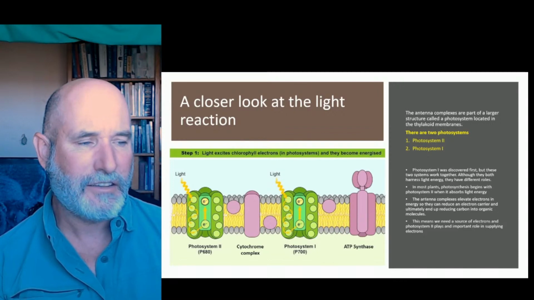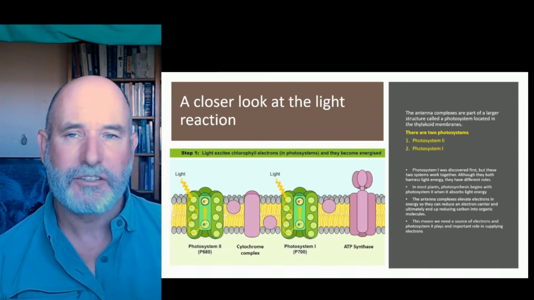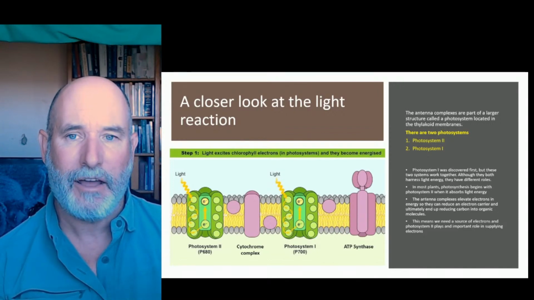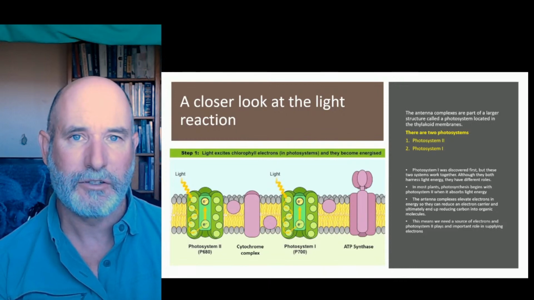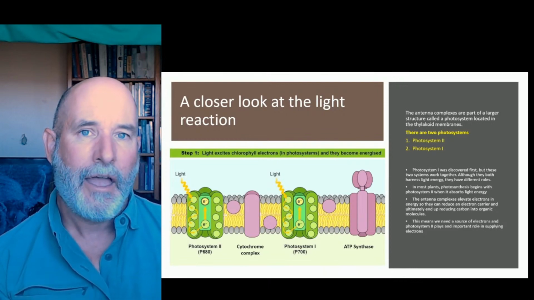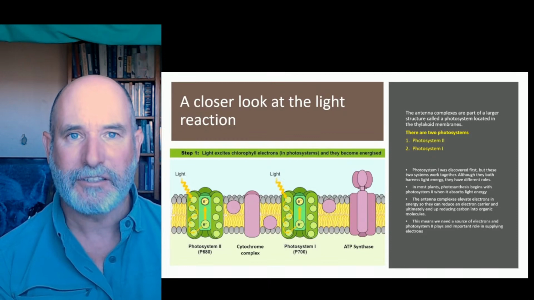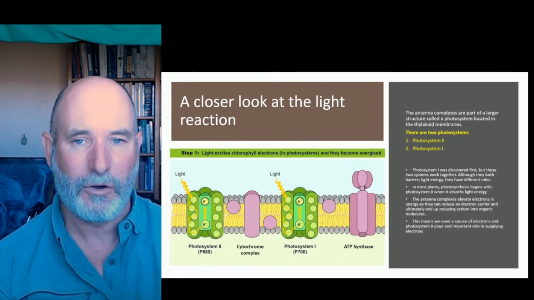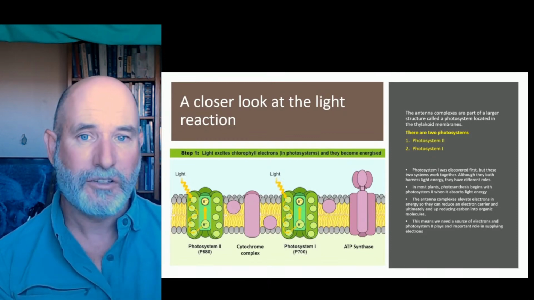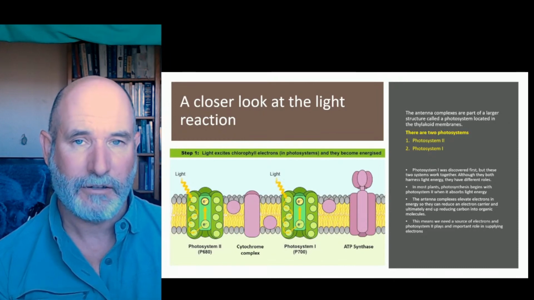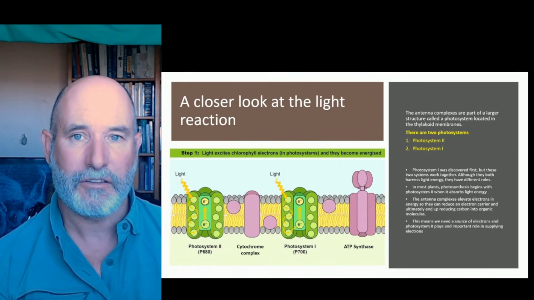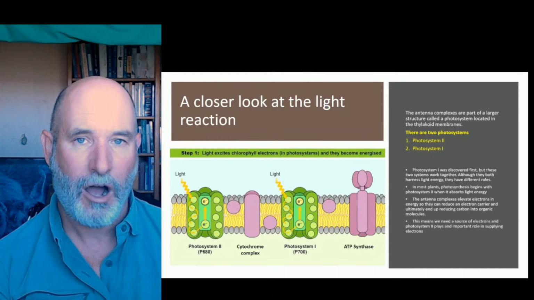Once you take that electron and send it up, it's going to be picked up by an electron carrier from photosystem 2 called pheophytin. And then pheophytin is going to take this electron through the thylakoid membrane. So the photosystem is in the thylakoid membrane. So is what you're seeing here, the cytochrome complex.